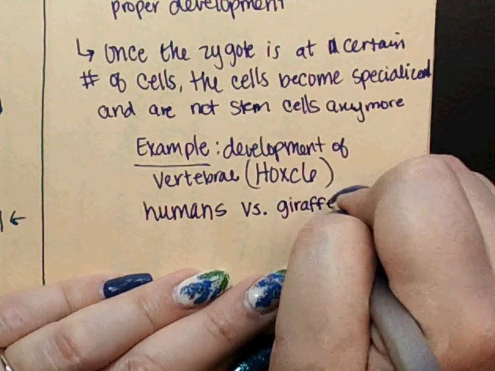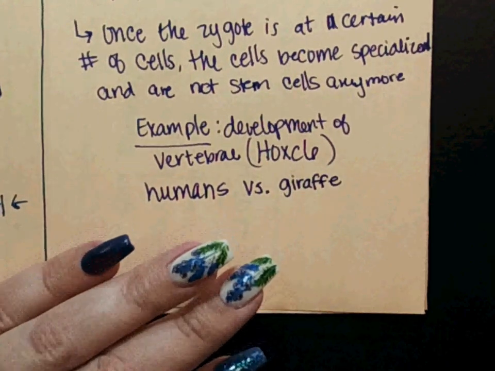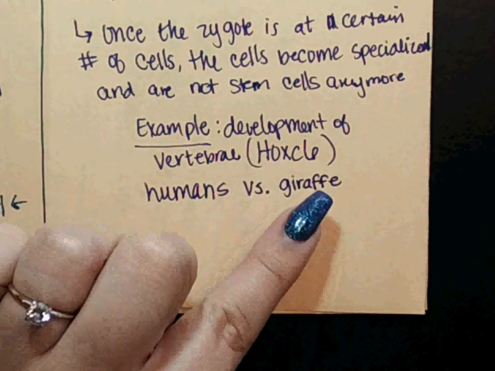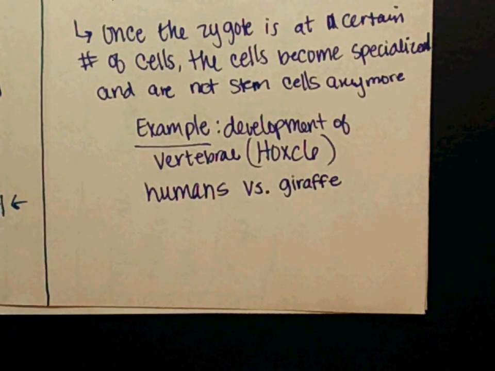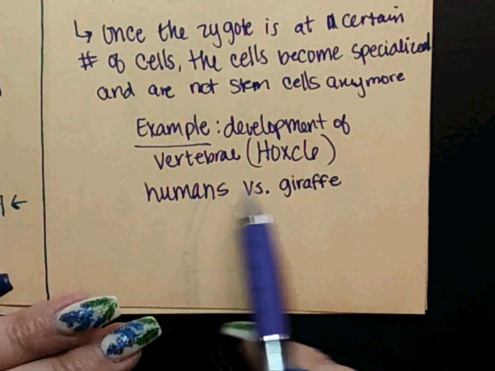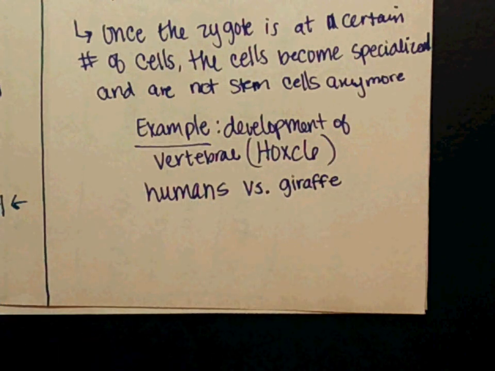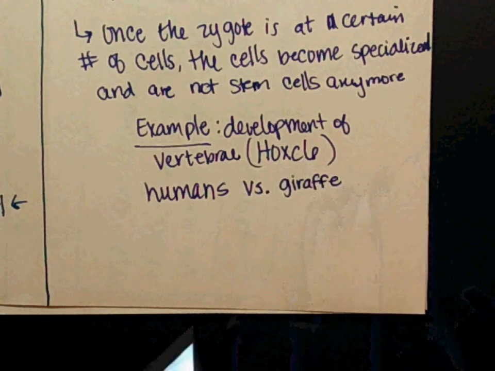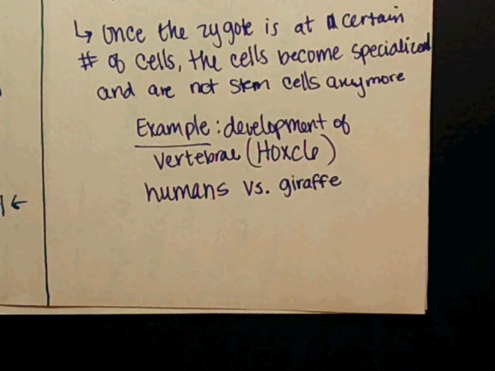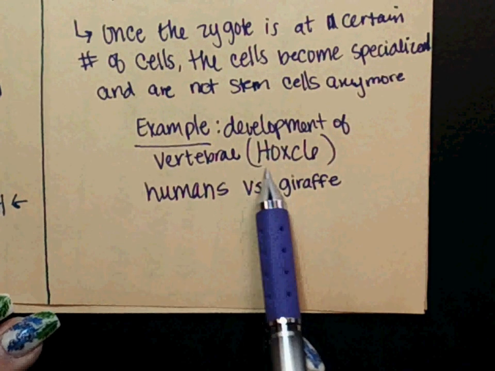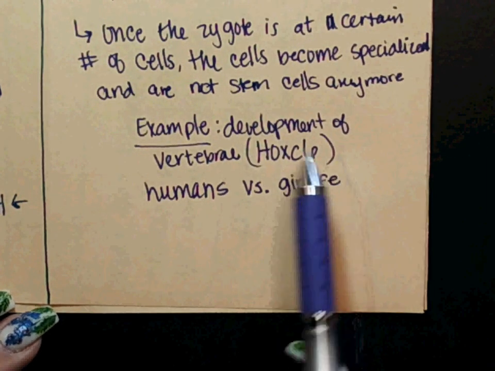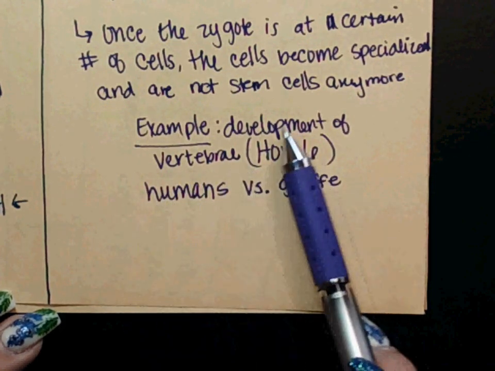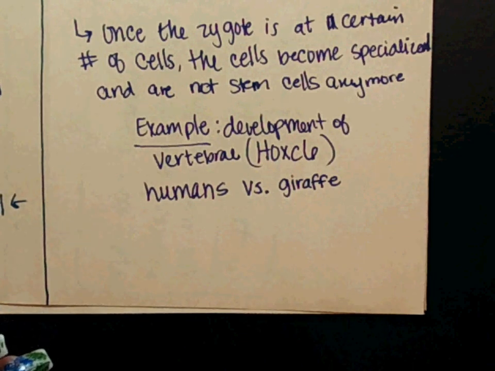The amount of expression by this gene is going to be different for humans versus giraffe versus a mouse versus any other organism, because the size is different. The amount of time that this gene is left on is different in humans versus giraffe because of how many vertebrae are going to be needed. And once that gene has finished its job and you've gotten to the point where you as a baby had your spinal column, that gene is turned off and it is never turned on again.